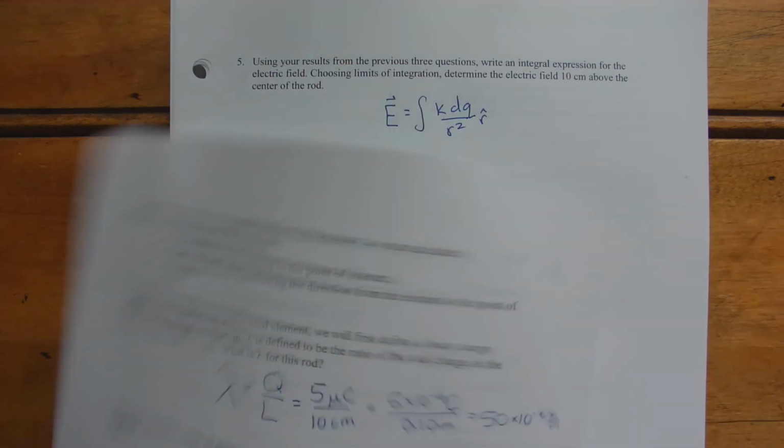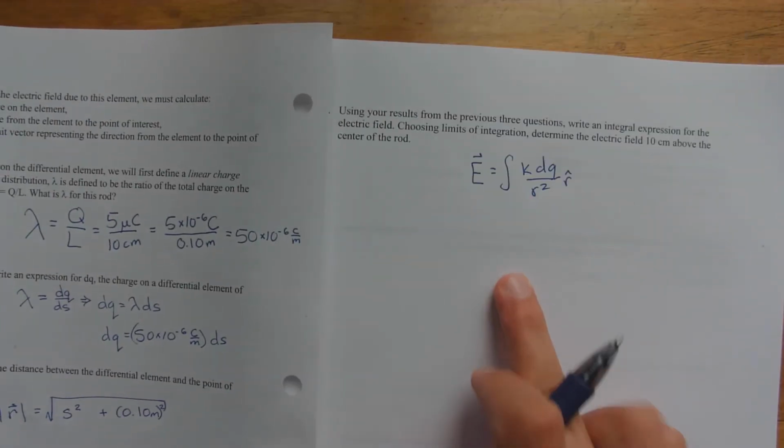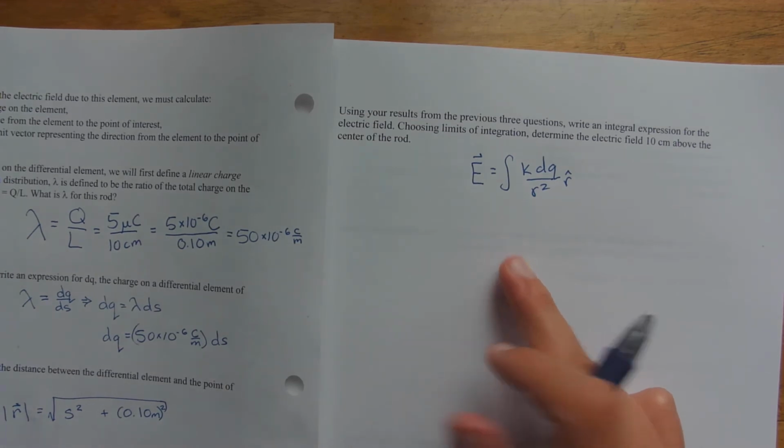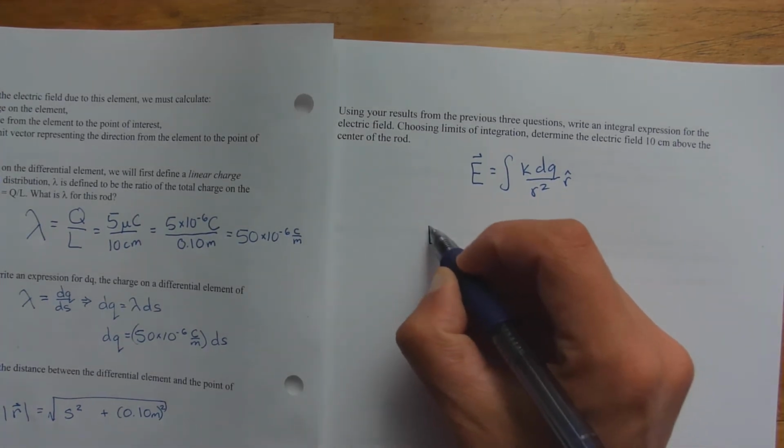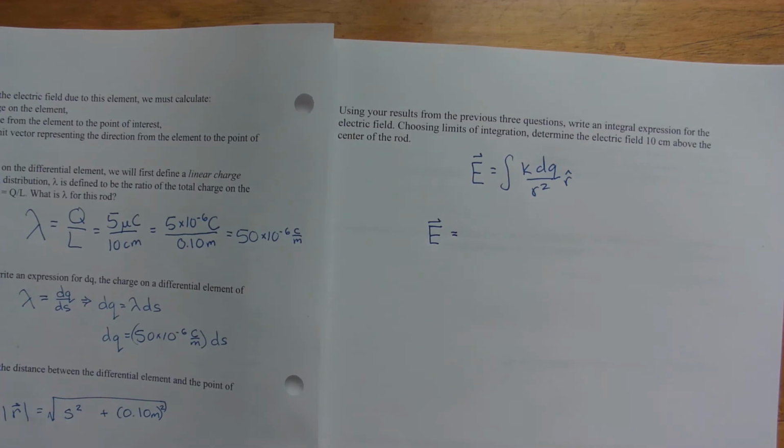So now I should just be able to take what I have on page 2 and plug it into my equation here, and then I should be all set to do the math in order to figure out the electric field.